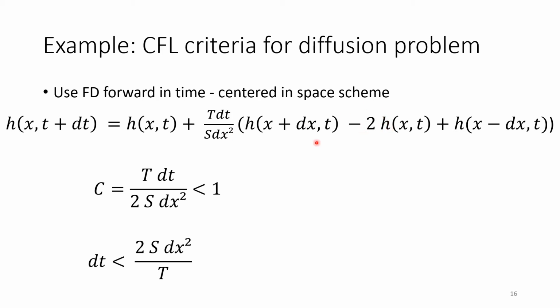This 2 is also incorporated down here. And we all know from the CFL criterion, this should all be smaller than 1, which means we can calculate the maximum time step. So the maximum time step should be smaller than 2 times S dx squared divided by T.